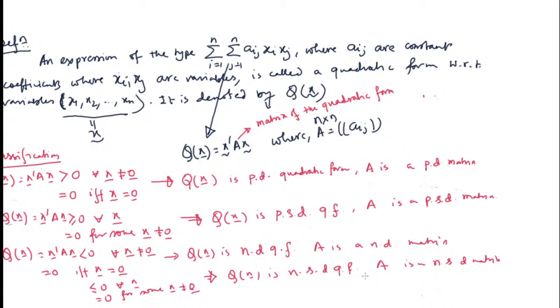And otherwise Q(x) is an indefinite matrix. That means for at least one x̃ not equal to 0, x̃'Ax̃ is greater than or equal to 0, and for another x̃ greater than 0, it should be less than or equal to 0, then it is a negative indefinite quadratic form.